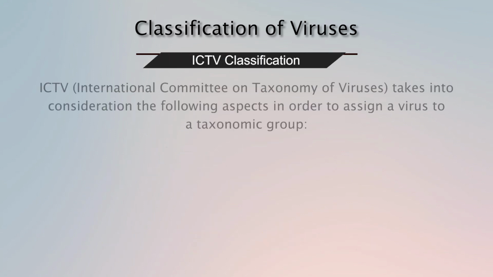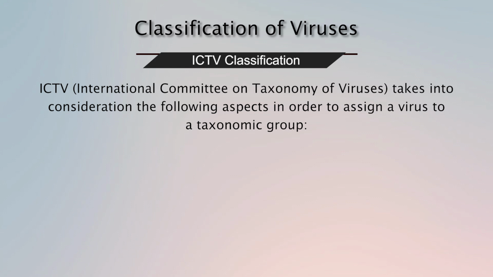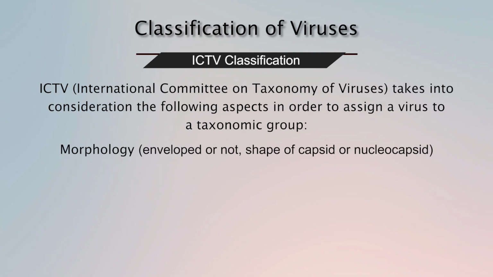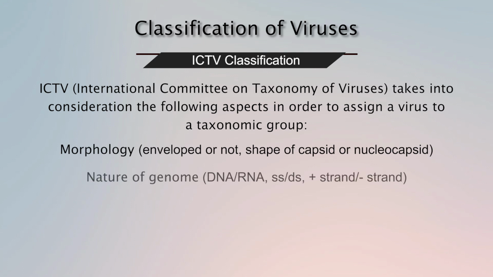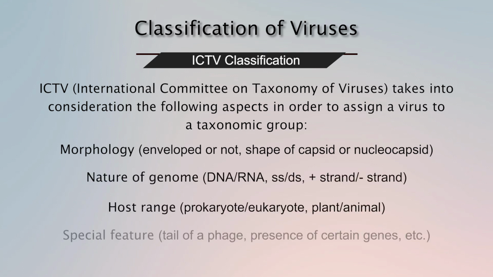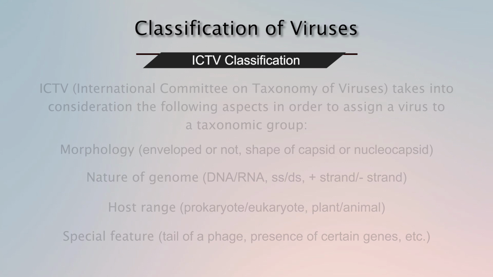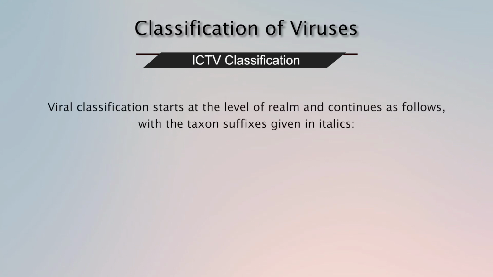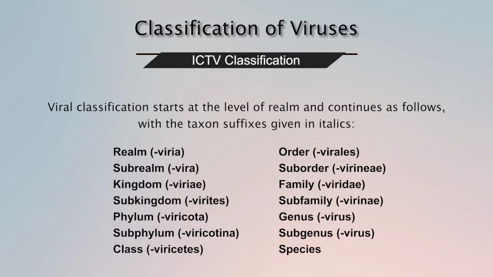Now there is another mode of classification, that is ICTV, which takes into account features like morphology, nature of genome, host range, and other special features so that a virus can be put into a specific taxonomic group. So this slide depicts the hierarchical classification including phylum, subphylum, order, class, family, etc., up to species level.